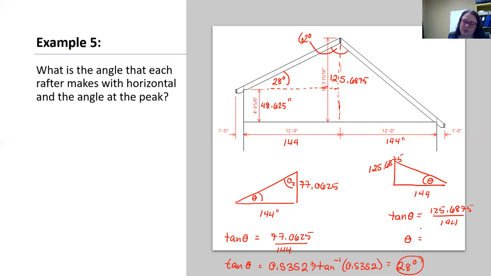And you will get, if you rearrange that properly, 41 degrees. Okay. So 41 degrees there, that means this side at the peak is going to be 180 minus 90 minus 41, is 49 degrees. So angles with horizontal.